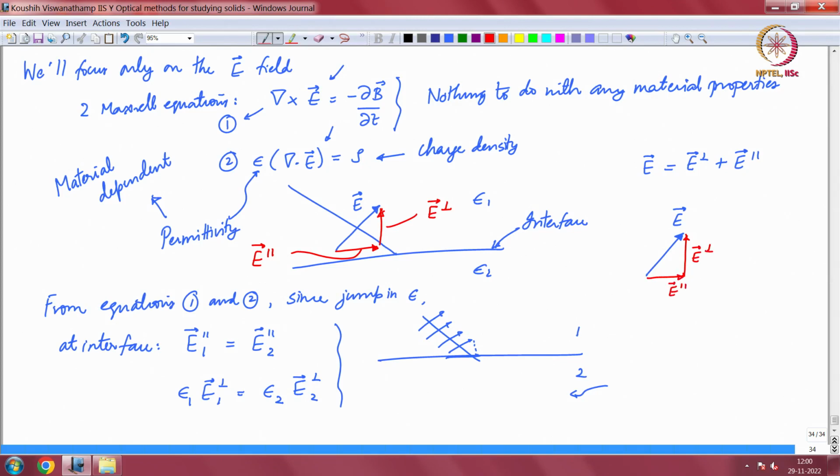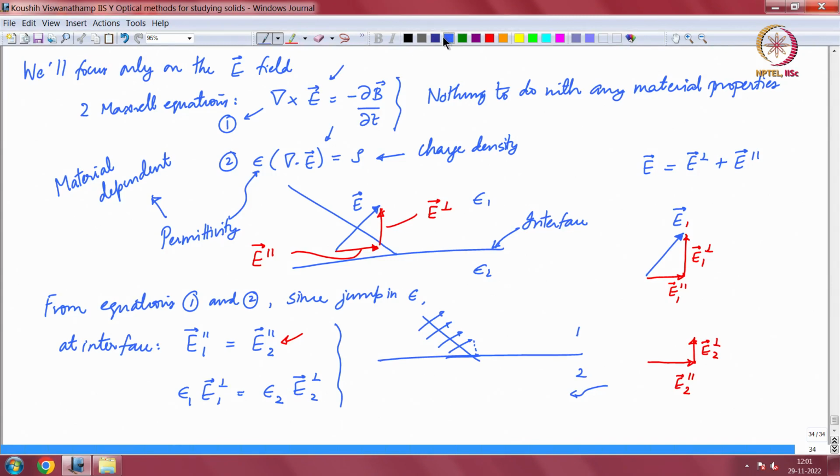Because E bar parallel remains unchanged, so this will be in 1, the E bar parallel in 2 is the same because of this equation, and the E bar perpendicular in 2 becomes smaller. Okay.